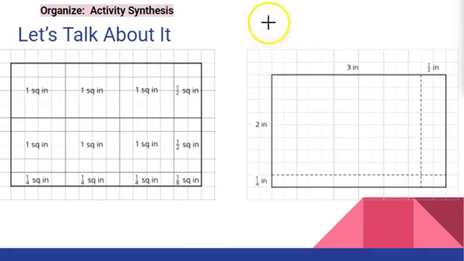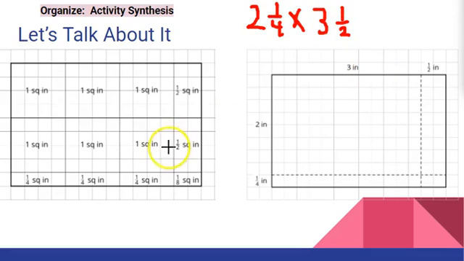So if we think about it, we're talking about 2 1/4 times 3 1/2. This goes back to that area model we have looked at in the past. You've got 2 times 3, which gives you 6 in that area. 2 times 1/2 gets you 1 square inch, right? And you can see that literally drawn out here.